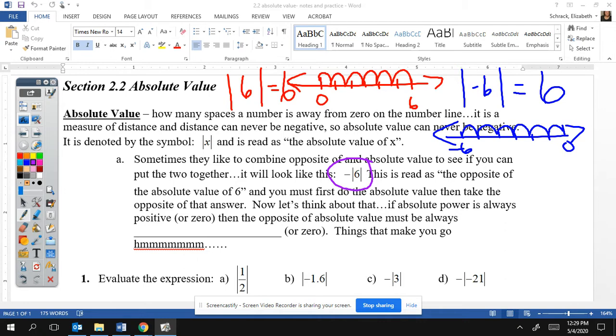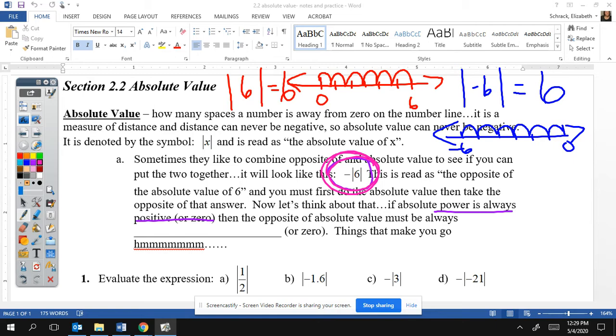So if we think about that, absolute value is always going to be positive. That means if there was just a number inside of an absolute value, the answer is always going to be positive. So in this example, the opposite of the absolute value of 6, whatever is inside is positive.